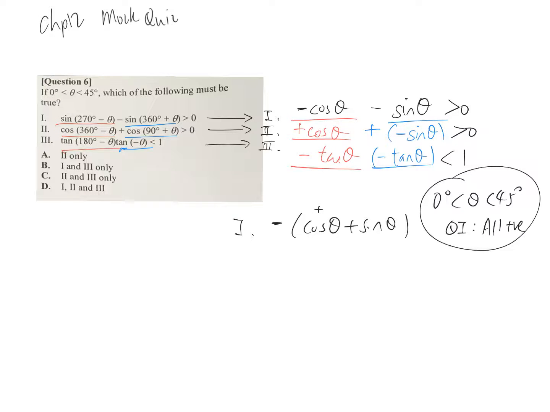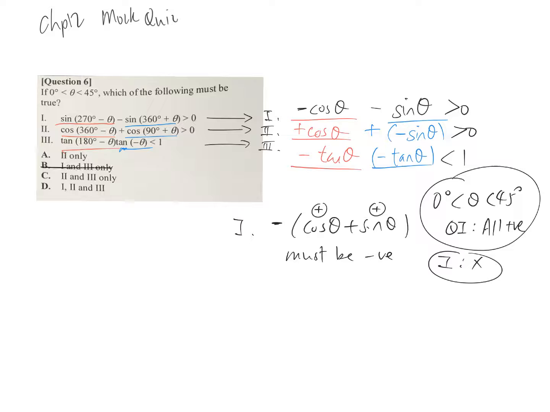Cosine theta is positive, sine theta is also positive. So when you get a negative in front, this would always be negative. So statement 1 is wrong.